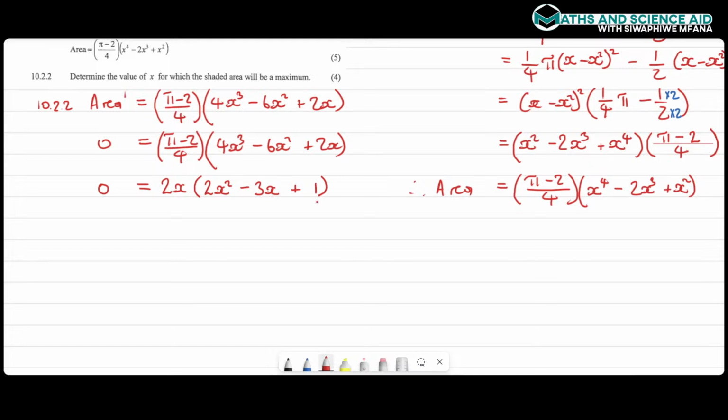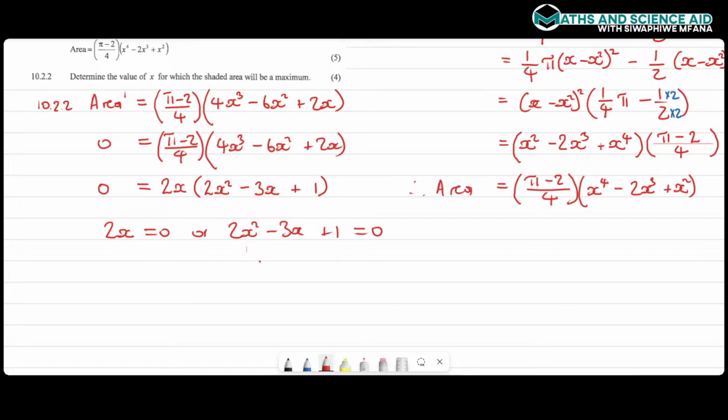I think most people here would actually prefer to use the quadratic formula, so it's fine. Based on this, we can just say 2x equals 0, or 2x squared minus 3x plus 1 equals 0.